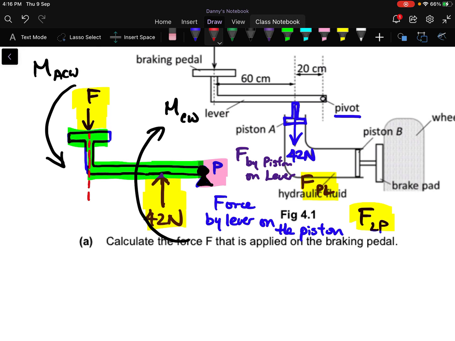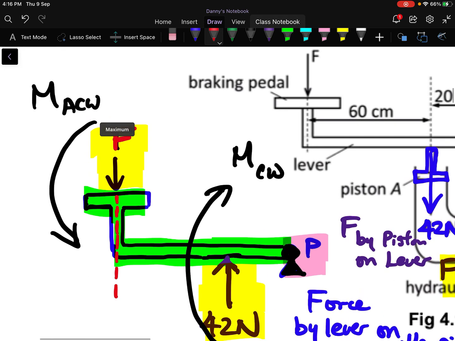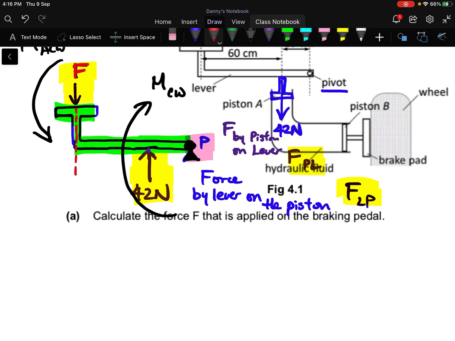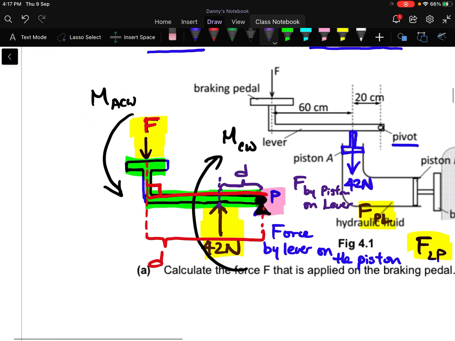The other thing that I need to pay attention to is what is the distance. For this particular F, the perpendicular distance will be given by this line, right? This is my perpendicular distance, correct? So I know this D. Then after that, I need to know this D, which is given by this.